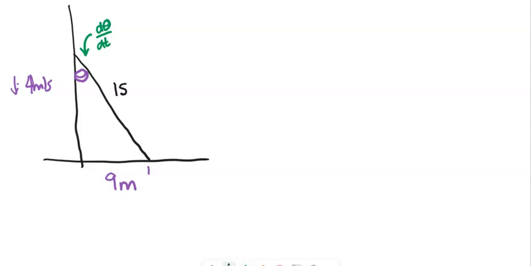So I know that I have a speed going down, but I don't actually know the height against this wall. So I'm going to start by creating a formula to find that. Cos of theta would be the height of the ladder against the wall over 15, which is always going to stay the same.